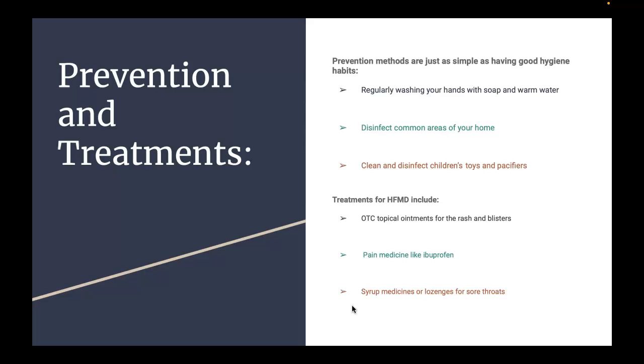Some prevention methods are as simple as having good hygiene habits, regularly washing your hands with soap and water, disinfecting common areas of your home, especially if you have little kids, and cleaning and disinfecting children's toys and pacifiers, along with common areas like doorknobs and surfaces like tables and counters. Preventing it seems simple, but you really should try.